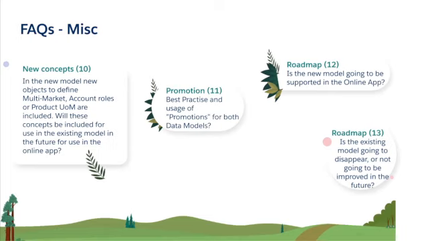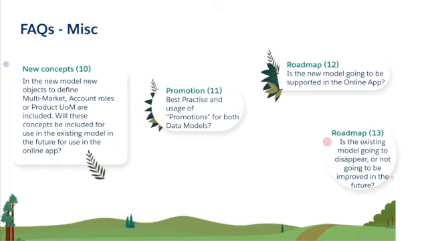As mentioned during my introduction, the new concepts will be supported as part of the new model only, and we have no plans to make this functionality available out of the box in the existing model. However, you can implement specific features, for example, multi-market, in your existing data model, but then it's custom work. We will not provide an out-of-the-box configuration where you can just enable it.